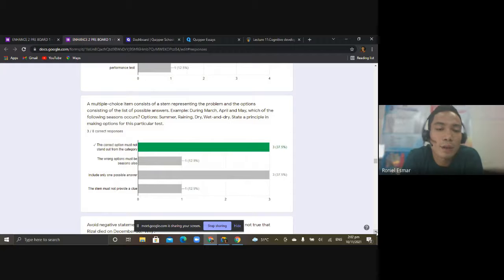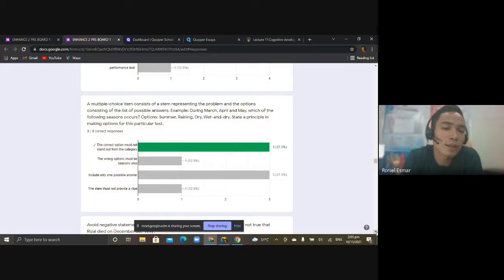State a principle in making options for this particular test. Unsa nga principles ang ato gamiton in making these options, no, sa usa ka multiple choice test? Is it number one, the correct option must not stand out from the category? No, otherwise, if mag-stand out siya, then halata ra kaayo.